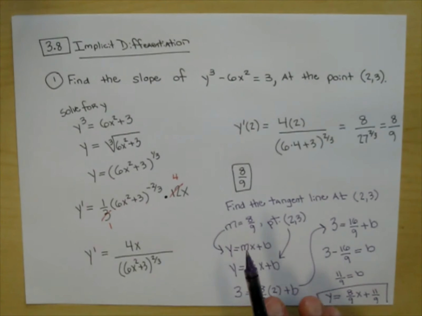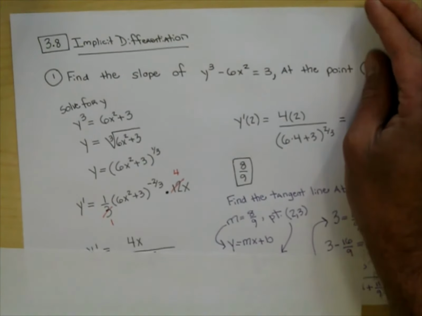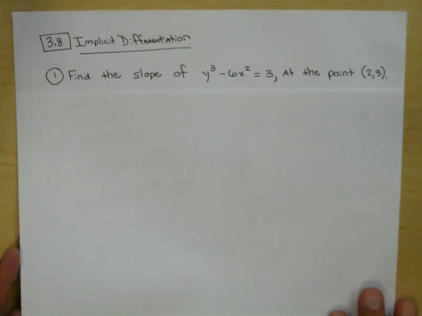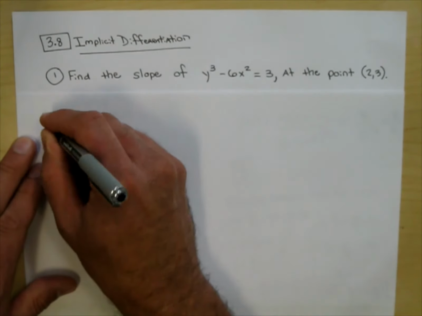So we're going to go ahead and do this problem again. So I need a piece of paper to do that. We're going to find the slope. We already know the answer, but this is going to ease us into the technique of implicit differentiation. So let's go ahead. I'll just keep this here for now. And there is another way.